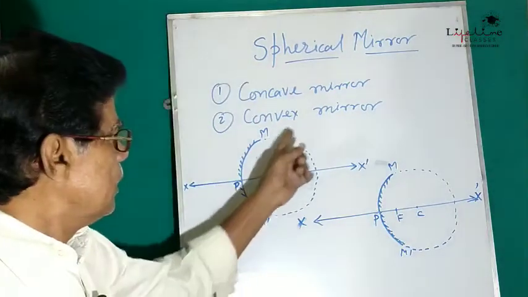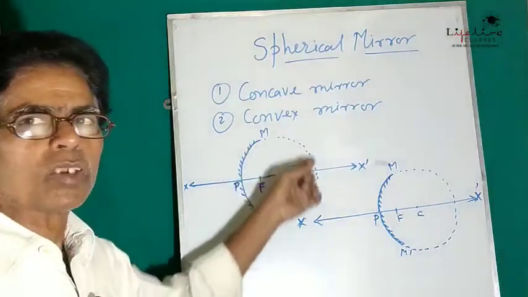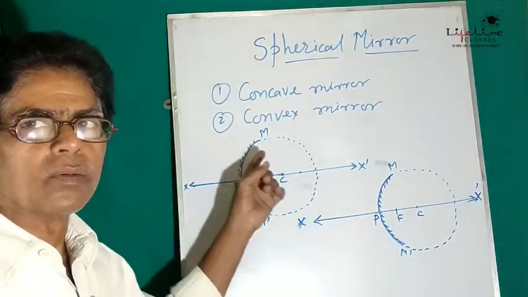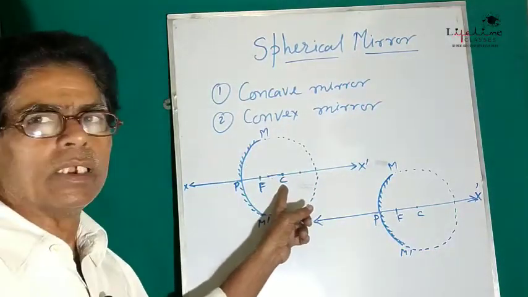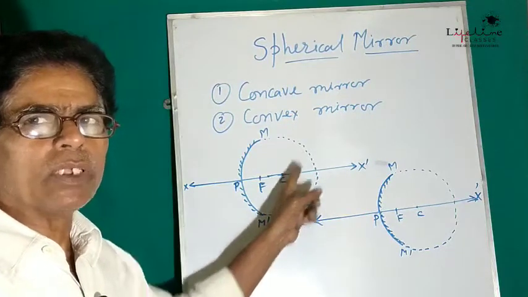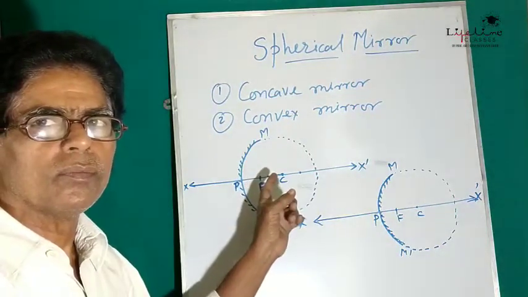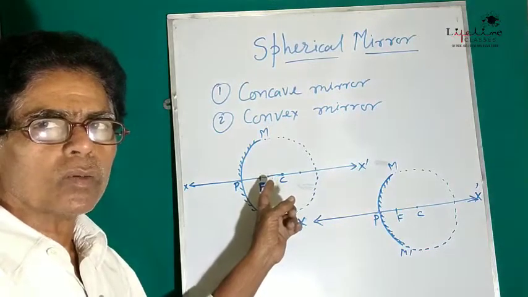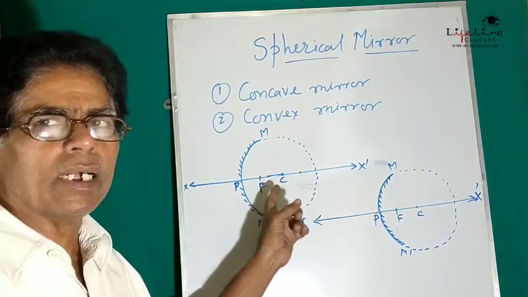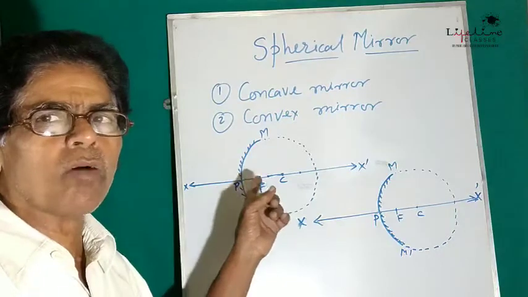Suppose that this is a hollow sphere, and C is here, the center of this hollow sphere. So C is considered as the center of curvature.